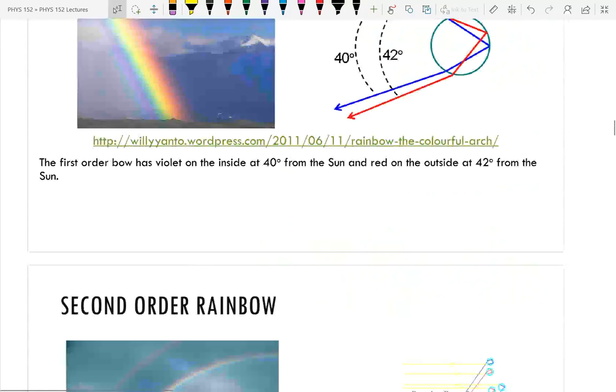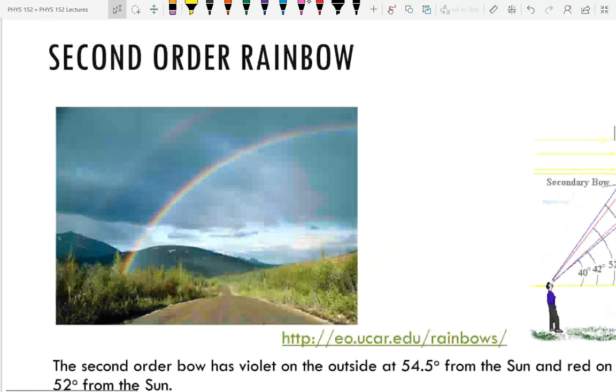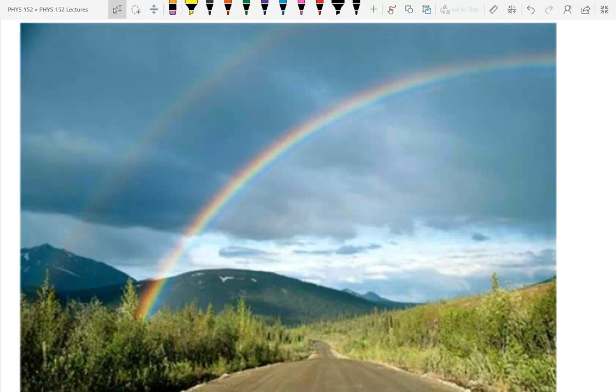Oh, come on, where are my pictures? Here's a picture showing the first and second order rainbow. So this is the first order. Here's the second order. Notice what you see when you look at the sky. Underneath the first order, bright sky, right? Between the first and second order, dark sky.